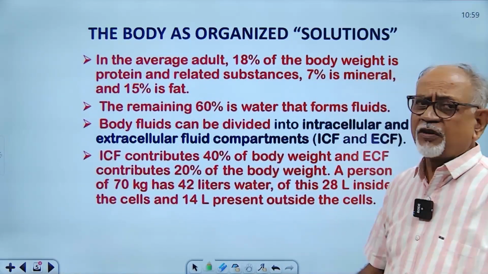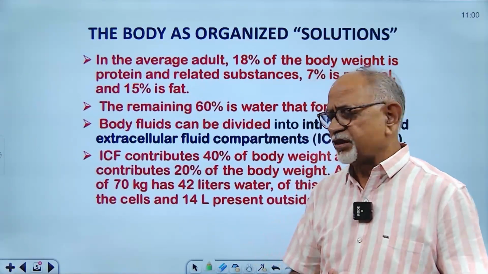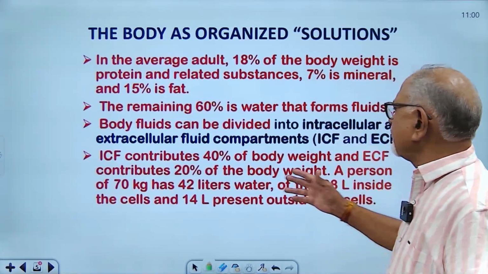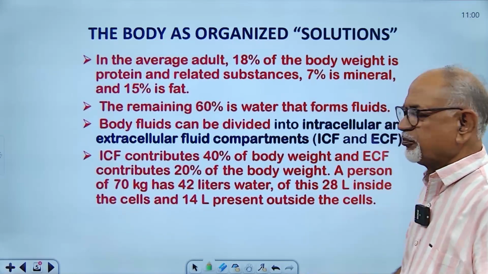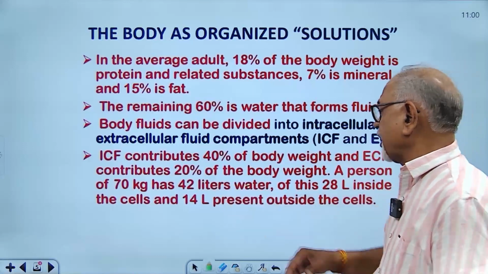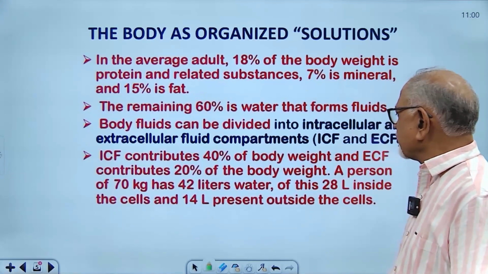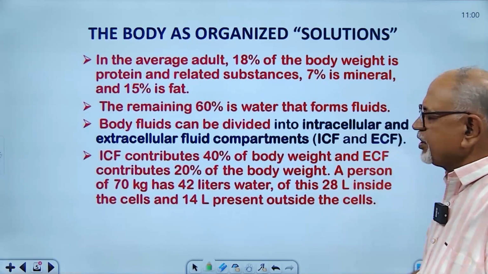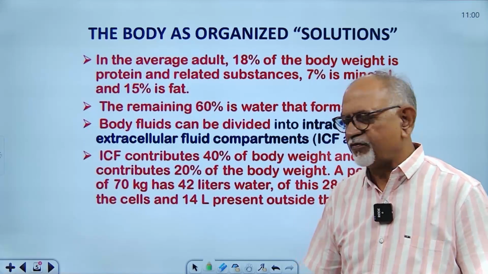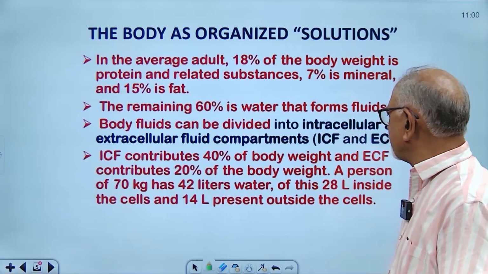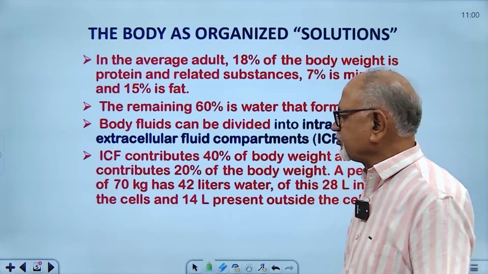The ICF contributes 40%, the major share, whereas the ECF contributes only 20% of the body weight. In a person of 70 kg, 42 liters of water is present, out of which 28 liters is inside the cells, that is intracellular fluid, and 14 liters is present outside the cells as ECF.